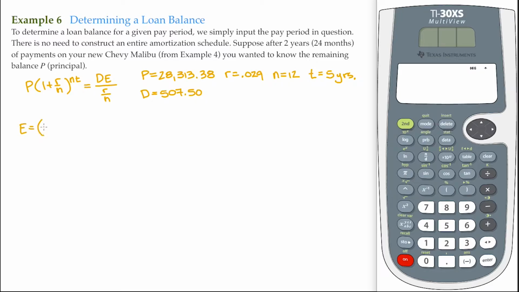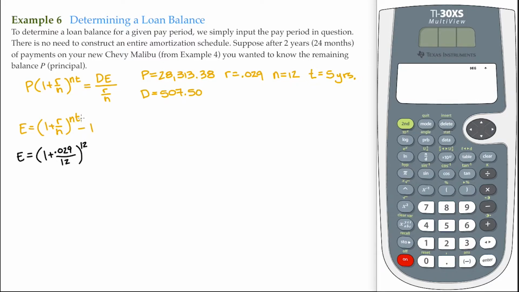E is equal to 1 plus R over N to the NT, minus 1. Don't forget, this is a rate, so since it's a rate, we have to subtract 1. But we're going to make a couple of adjustments to E. So we have 1 plus R over N. That's 0.029 over 12. N is 12.